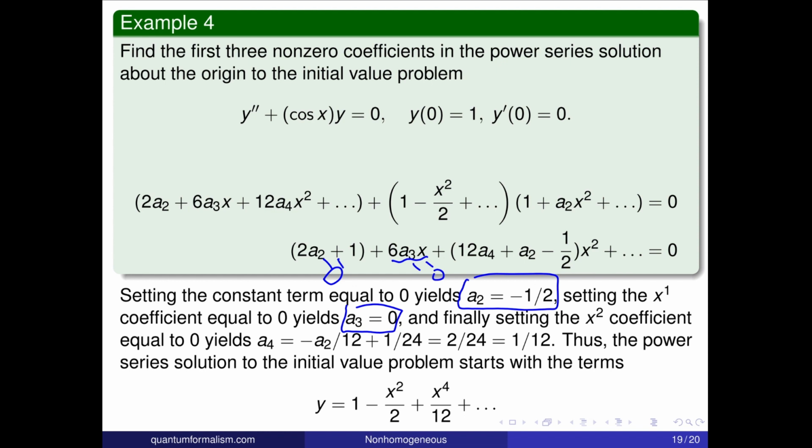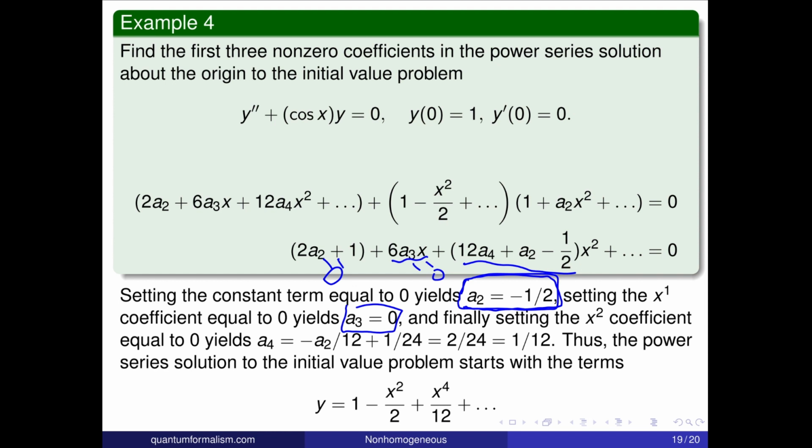To figure out what a4 is, we set this one equal to 0. That tells us that a4 is minus a2 over 12 plus 1 over 24. Using the formula for a2, which is minus 1/2, minus a2 over 12 is positive 1 over 24.